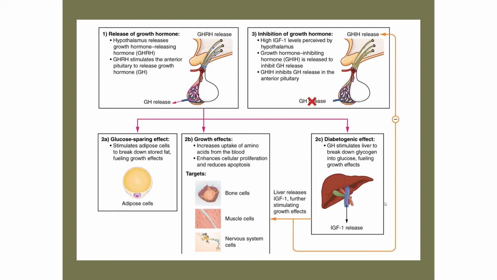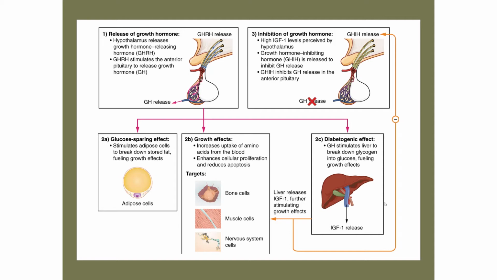That growth hormone is going to cause all sorts of different effects in the adipose tissue, in muscles, bones, and then it's also going to stimulate the liver. The liver releases insulin-like growth factor 1, along with other things, which further stimulates growth. But it goes back to the hypothalamus as it's circulating.